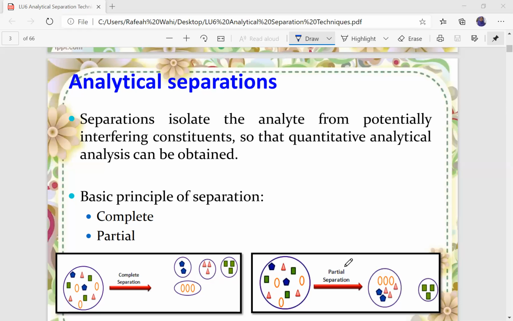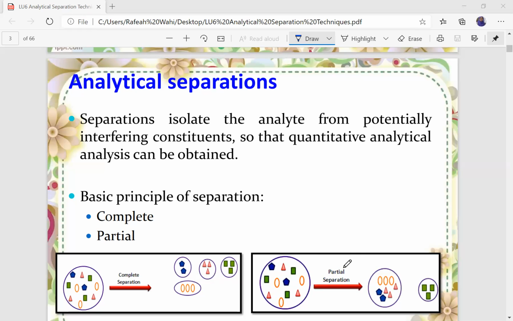What about partial separation? Partial separation means you only take out the components of your interest for analysis. For example, you have the same substance, which has different components, 4 components or 4 compounds in the substance.